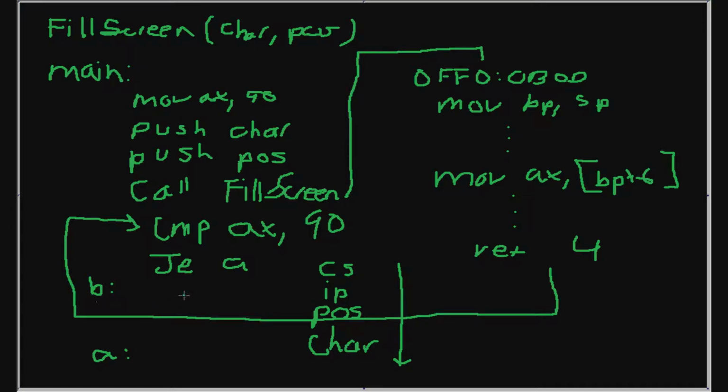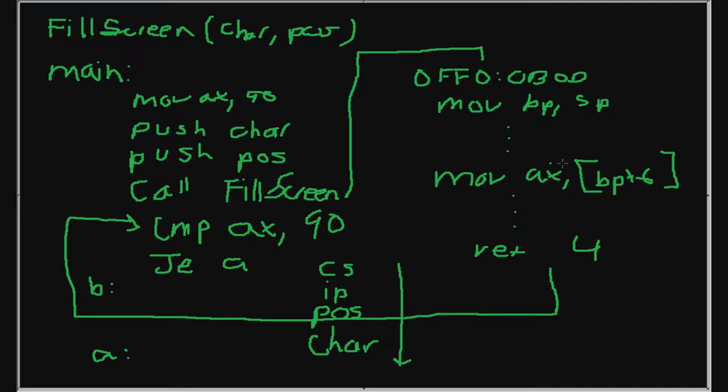So my question to you now is, is it going to jump to A or is it not? Well, we initialized AX with 90, and then we called our function, right? And then we set our base pointer there, so it's good. And then we want to initialize our AX register with the value of the character variable.